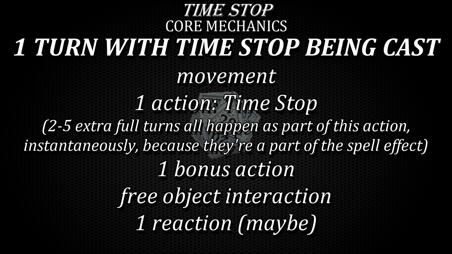On your turn, you spend your action to cast Time Stop, and its effect resolves instantaneously, giving you 1d4 plus 1 extra turns, all of which happen as part of an action used to cast the spell. After those turns are over, you still have the rest of your standard turn's action economy to use. Your bonus action and your free object interaction, as well as maybe even your reaction if the trigger occurs.